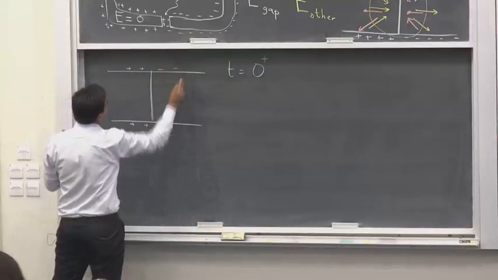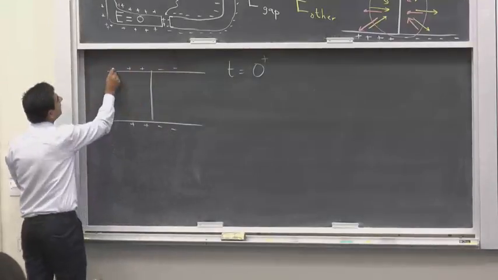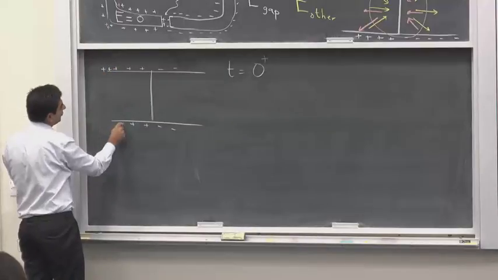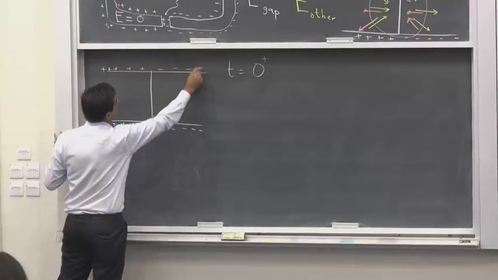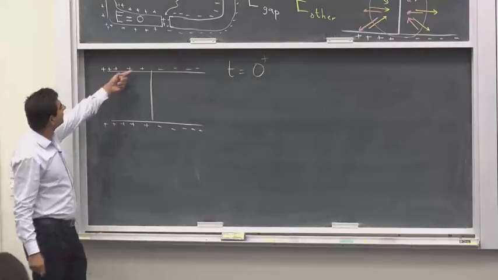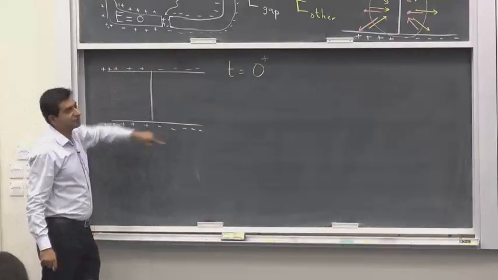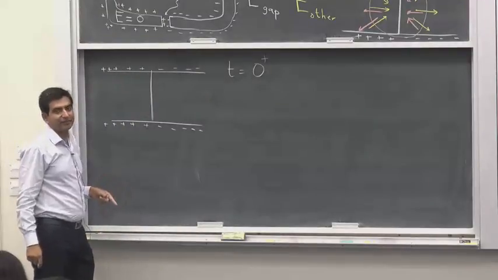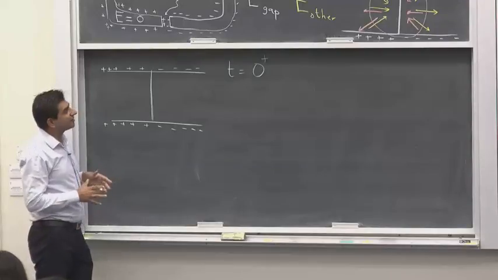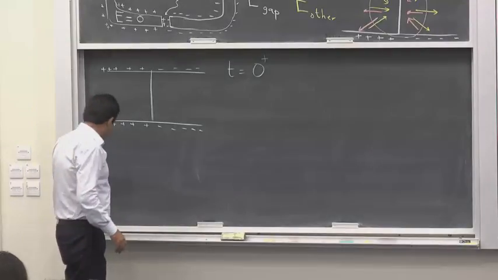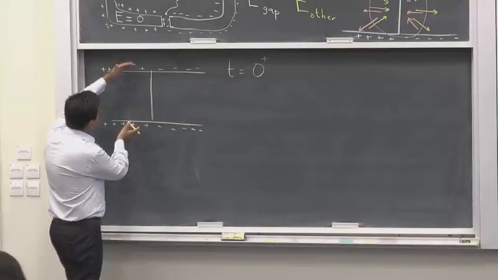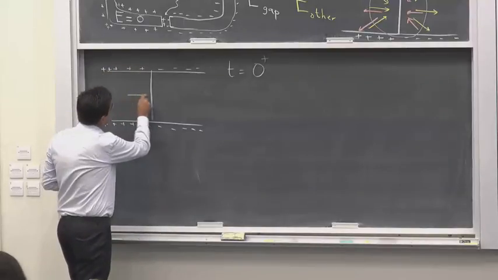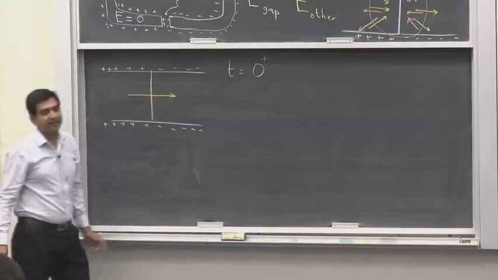This negative charge gets dilute, and further away from the gap, the charge distribution on the surface still remains uniform. But now there is a positive charge here and a negative charge here on the surface. So the electric field now exists from the positive side of the conductor to the negative side. So there is a net electric field that's going to point in this direction.